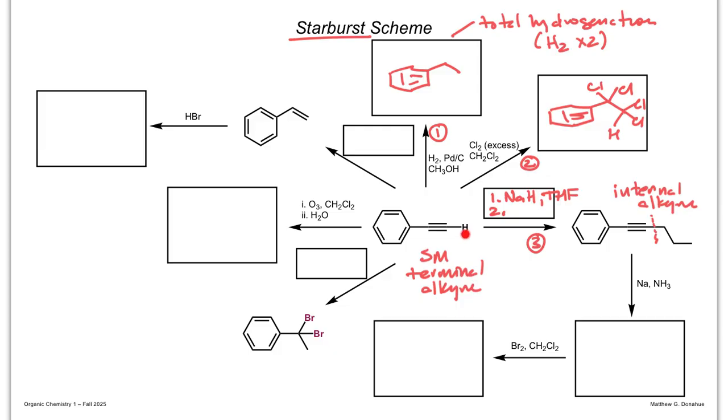So we're going to deprotonate that H with a base. That's going to generate a carbanion. And then we have to install those 3 carbons. So that terminal carbon needs a leaving group. So we could use propyl bromide to quench the carbanion and install the 3 carbons needed. That generates the internal alkyne.